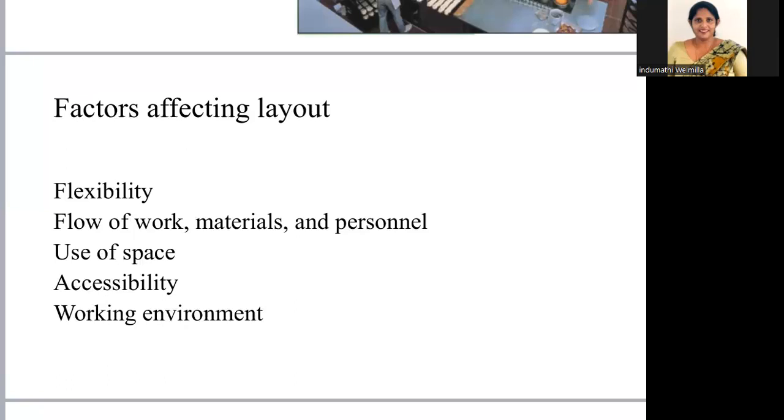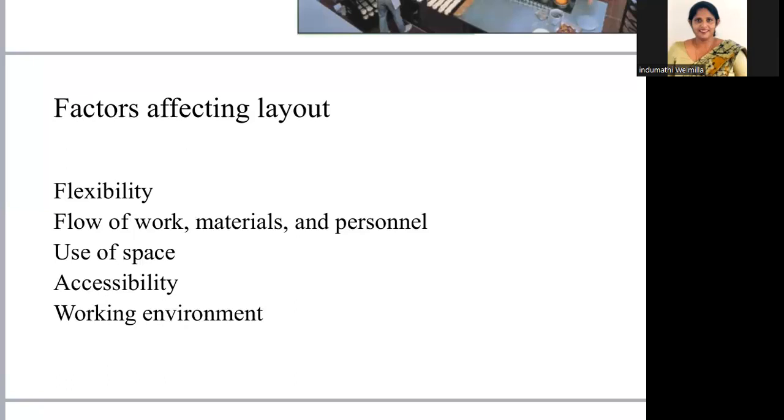And the layout also should be such that it is easy to communicate with customers if it is a service type layout, right? So an adequate waiting area for customers should also be provided. So therefore the flow of work and materials and also personnel will affect the method or kind of layout.